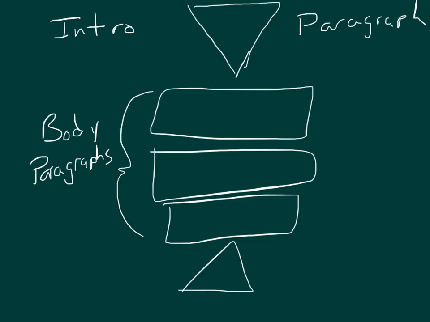And this triangle down here is your conclusion paragraph. Now there's certain things that go into each one of these paragraphs, and we're going to take a look at those things a little bit more closely. So let's do that.